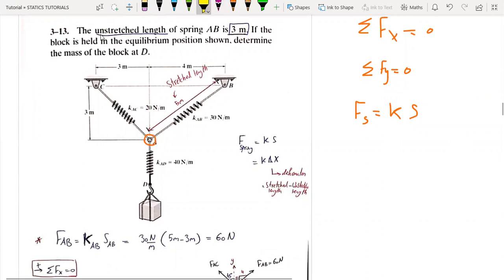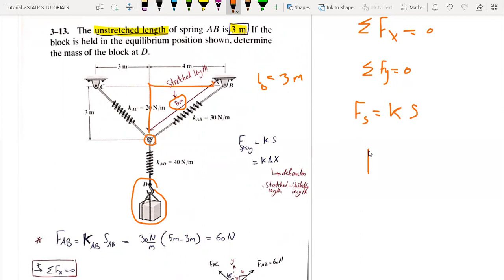Let's read first the problem. The unstretched length of spring AB is 3 meters. So the original length L0 is 3 meters. And the stretched length after applying this force or the weight here is 5 meters. We have found it from this triangle: 3 meters, and this length is 4 meters.